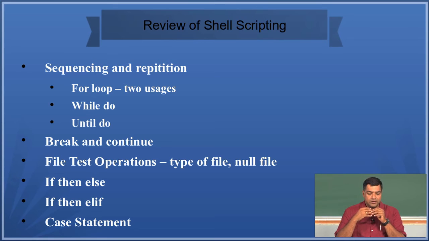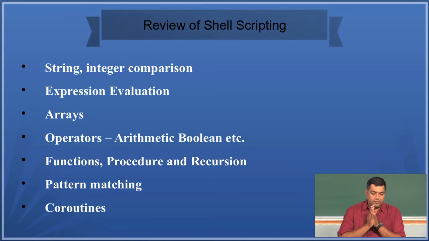Then we saw flow control, where we used the if then else statement and the if then elif statement. If you had multiple paths based on a decision, we found that we can use the case statement, which is similar to the case statement in the C programming language. We also saw that comparing strings is different from comparing integers.